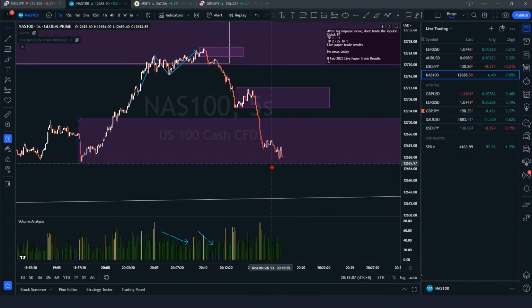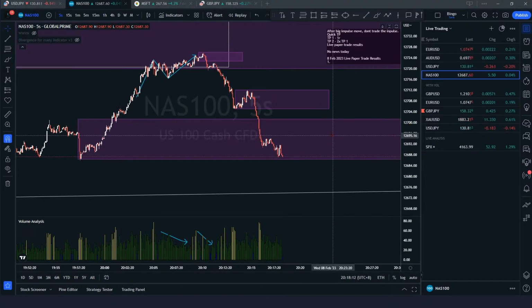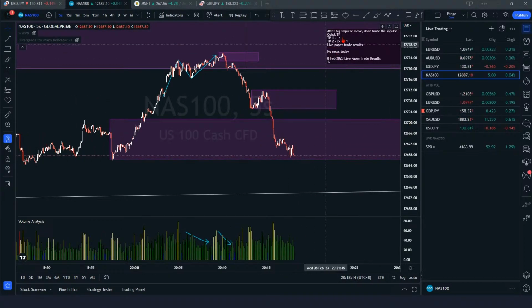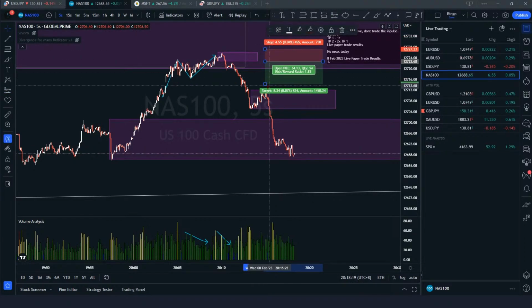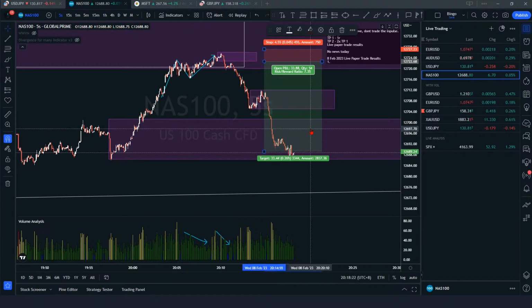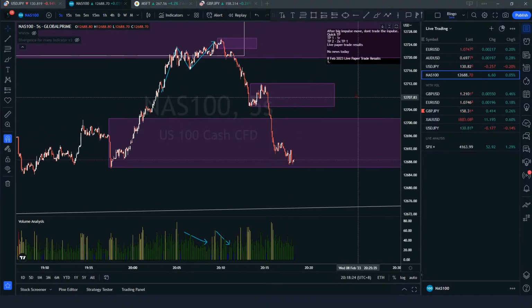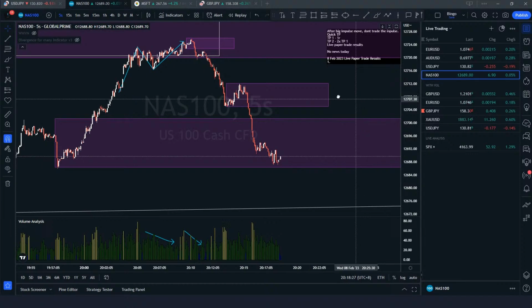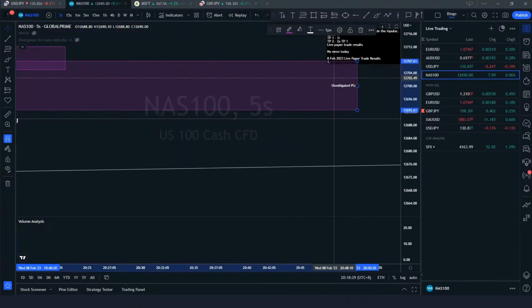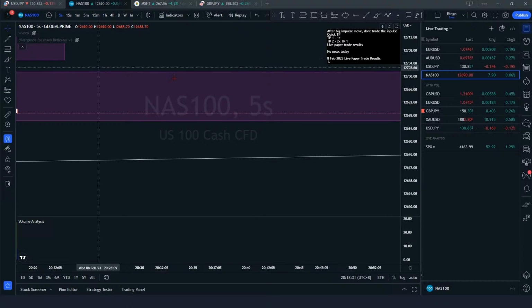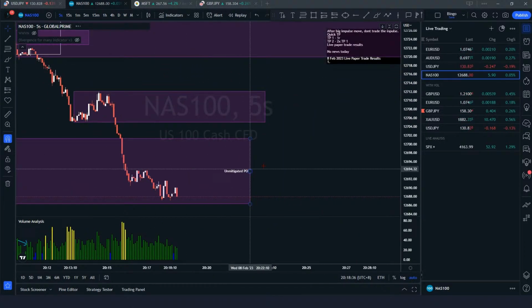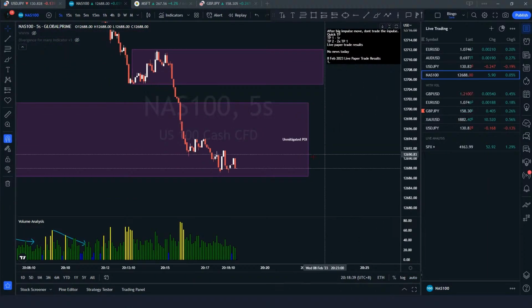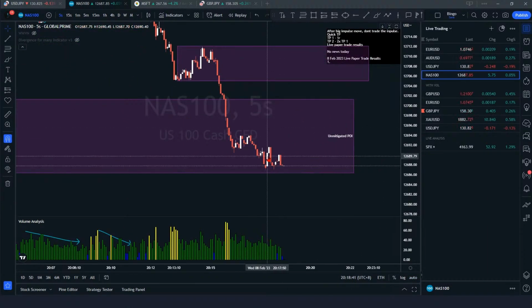So you can see here, imagine if price taps into us just now, it will be 7R in profit, right? So let's see what the price wants to do from now.